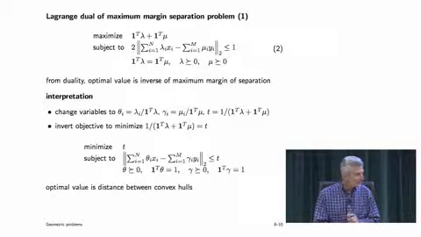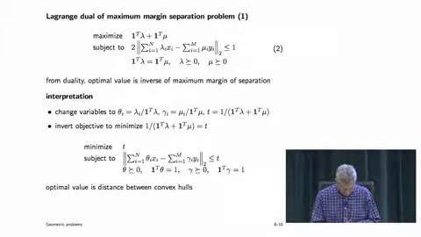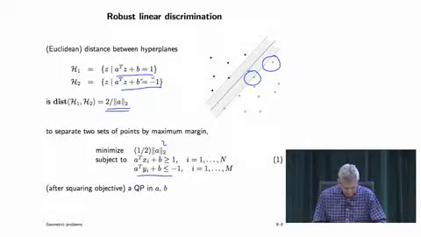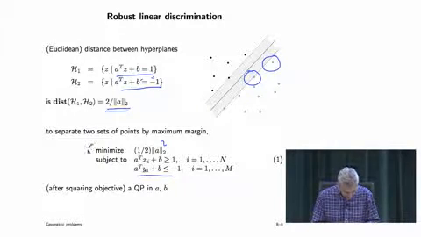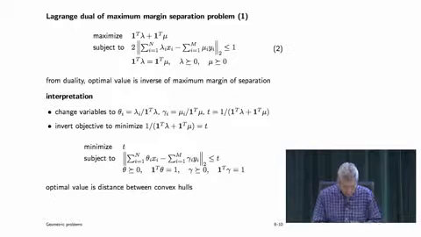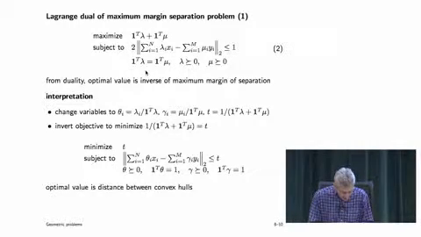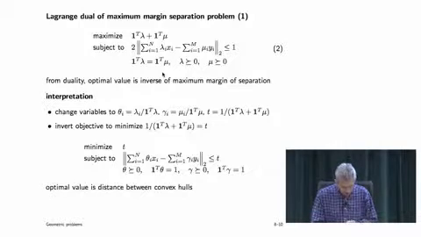A very interesting thing is to look at the dual of this, and we'll do that quickly. I just mechanically worked out the dual of the separation problem. The dual of this maximum margin problem is exactly this: maximize this function subject to, and here you see something very interesting.